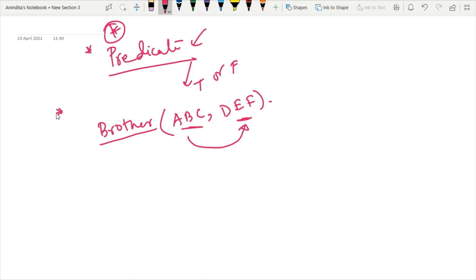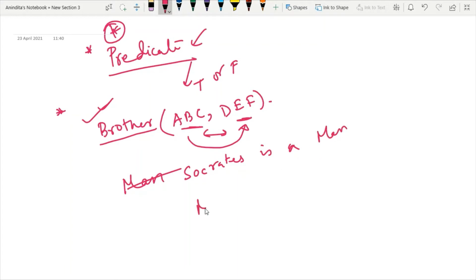So if a particular function is used to represent any relationship, then it is termed as predicate. Or if the statement is given as Socrates is a man, in predicate logic I can represent it as man, and within the brackets, I can write Socrates.